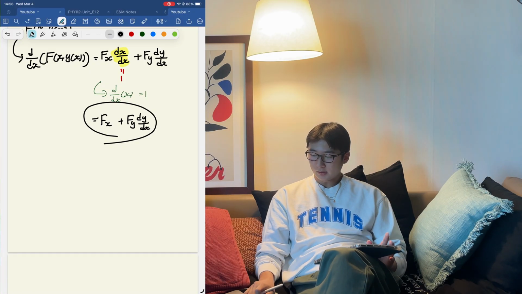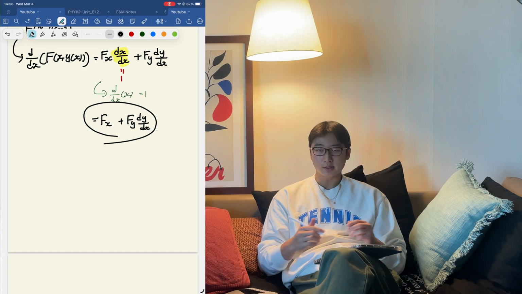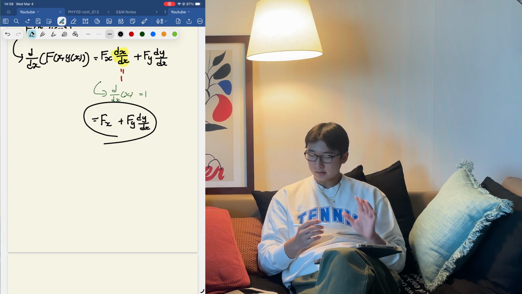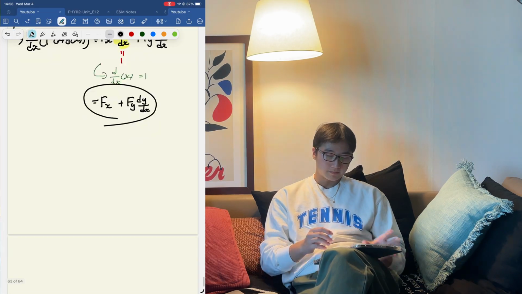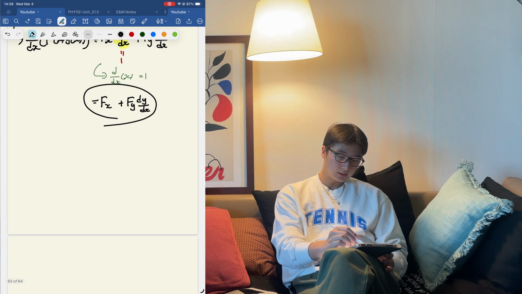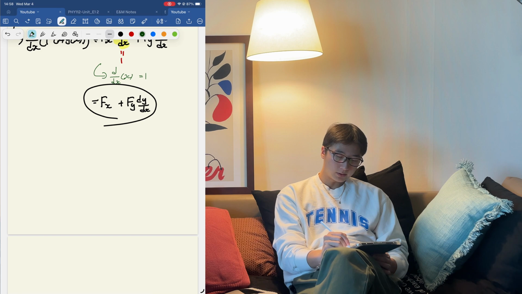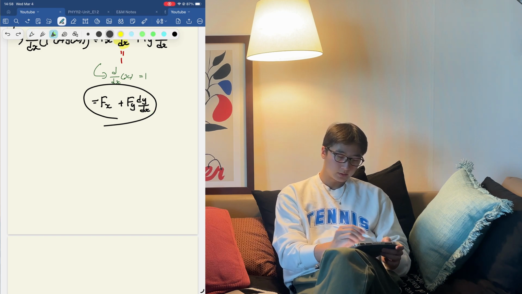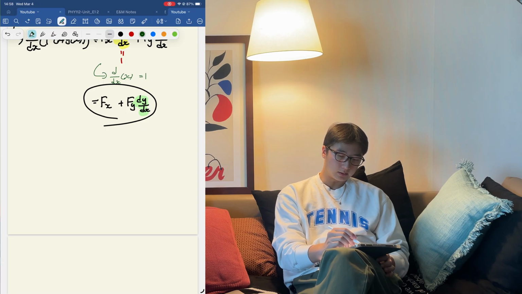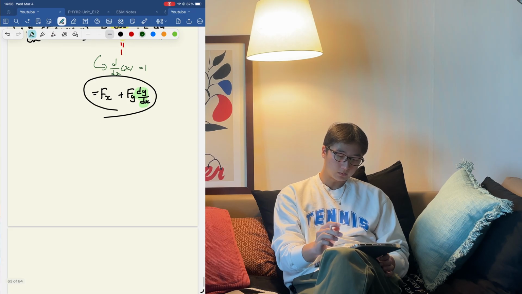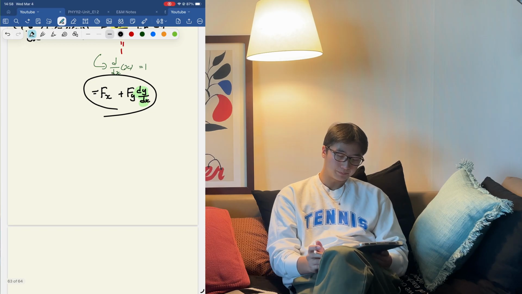So the only thing we have to do here is isolate the dy dx. Let me show you. So if you isolate this term, then we get the formula for the implicit differentiation.